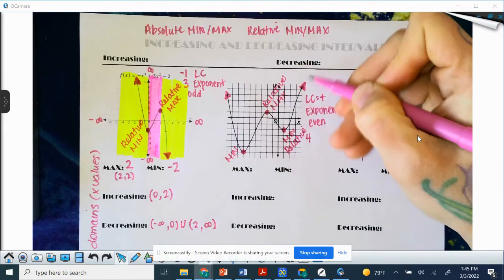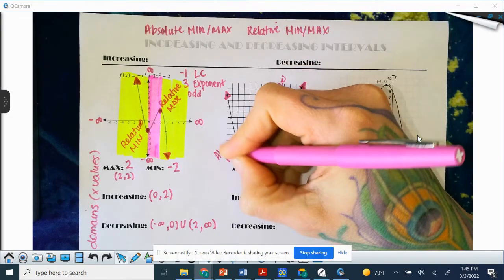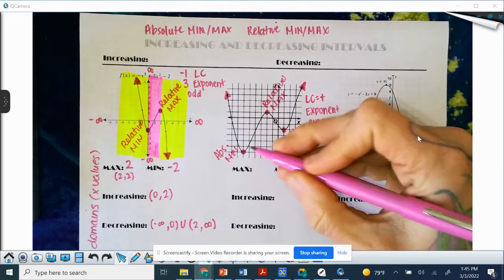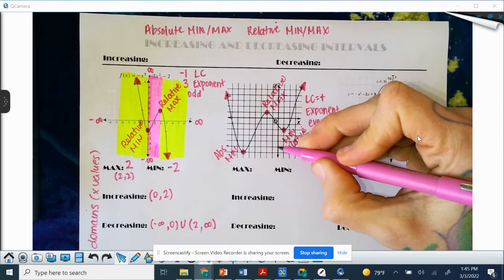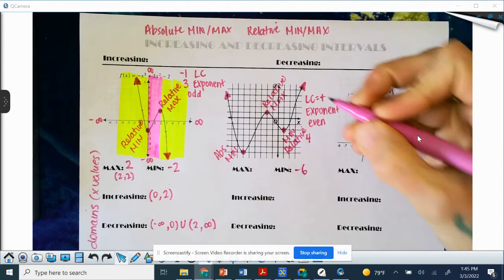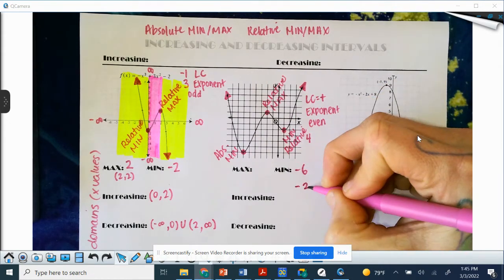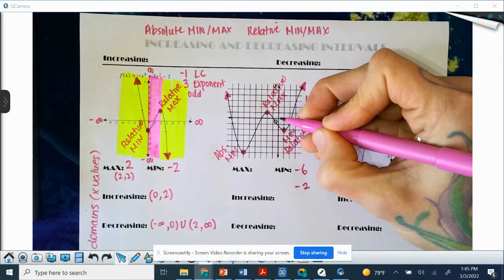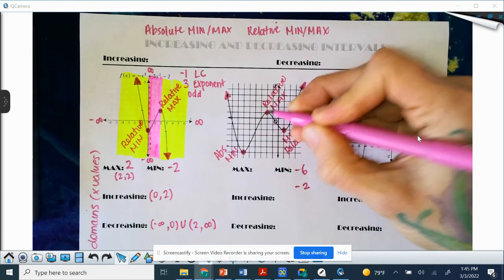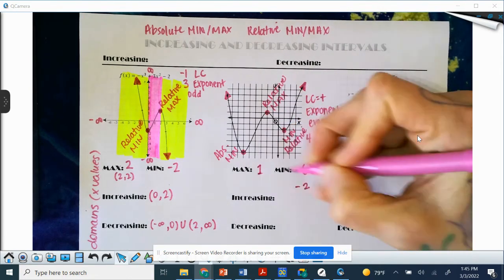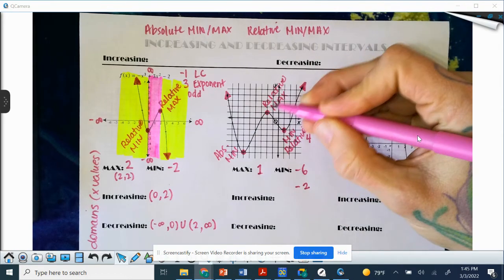So this is an absolute minimum. That minimum is at -6, and that's your absolute. Your other min is at -2. Your relative max is at +1, because remember, for max and min, we're using our y values.